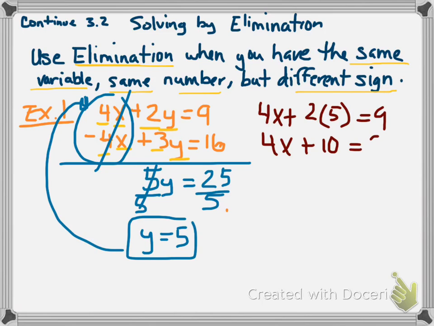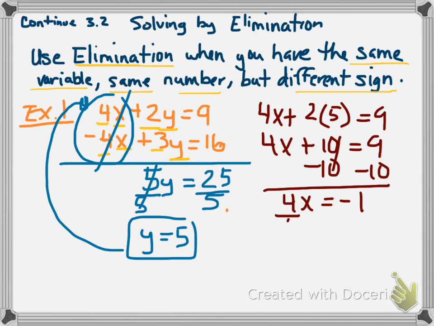Make sure you keep all the problems together and you don't make a mistake. In order for me to solve for x, I would have to get rid of the 10. Now the 10s cross out, the 4x stays, and 9 minus 10 would be a negative 1. We now divide by 4, so x is negative 1/4. So my ordered pair here would be negative 1/4, comma, 5.